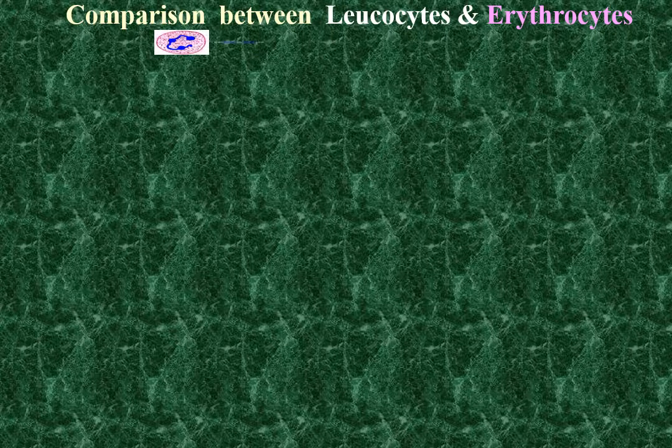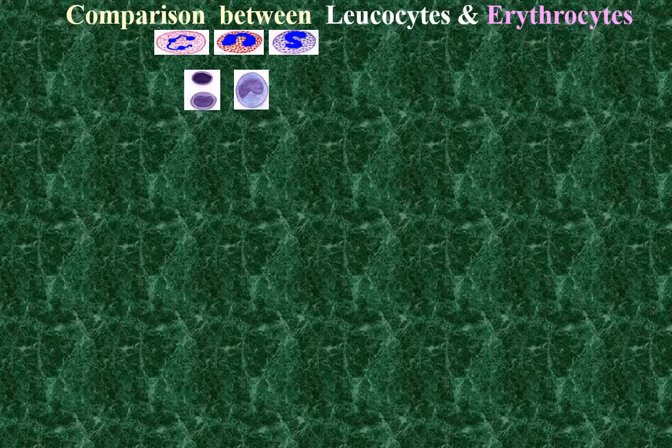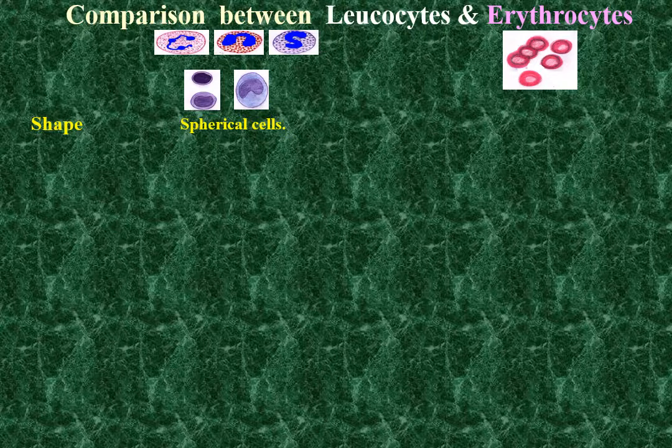Comparison between leukocytes or white blood cells and erythrocytes or red blood corpuscles. Shape: leukocytes are spherical cells, while erythrocytes are rounded biconcave discs.